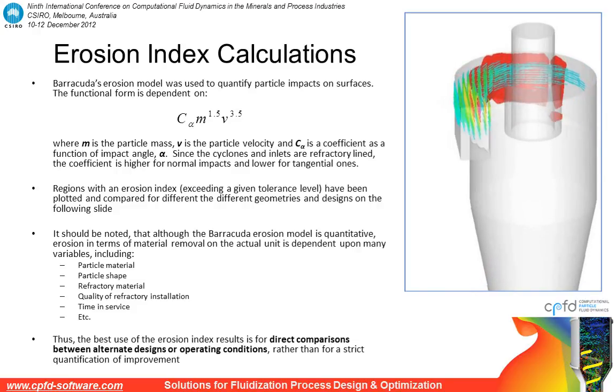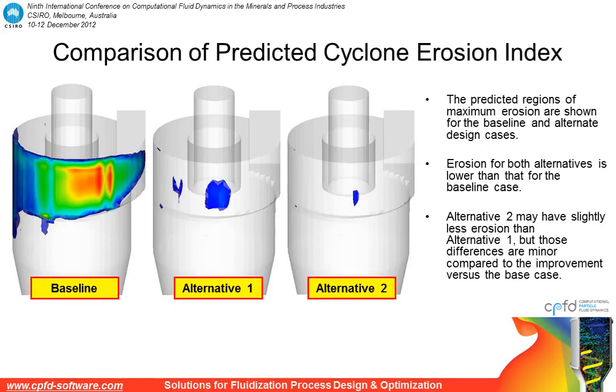Using this erosion index, we were able to show the relative reduction in likely erosion from the baseline to the two alternatives.